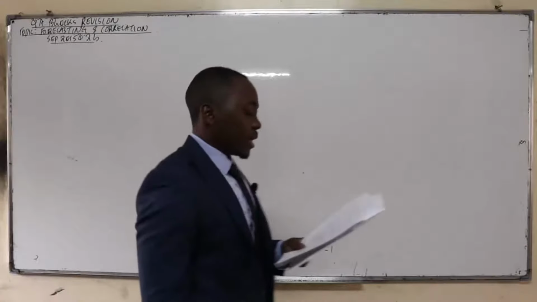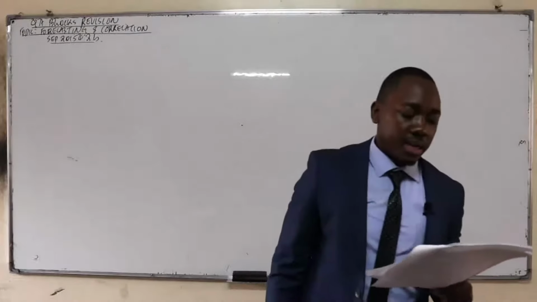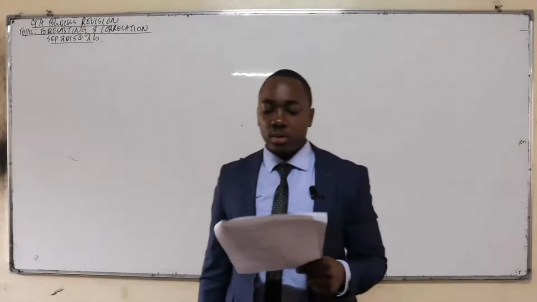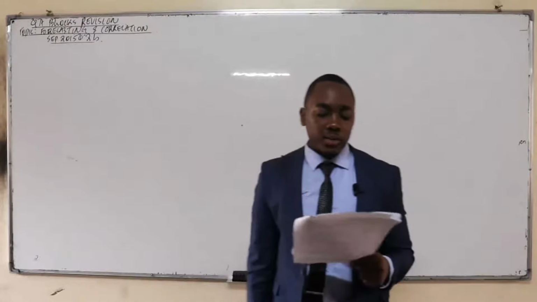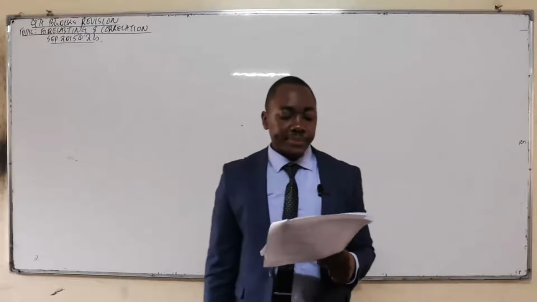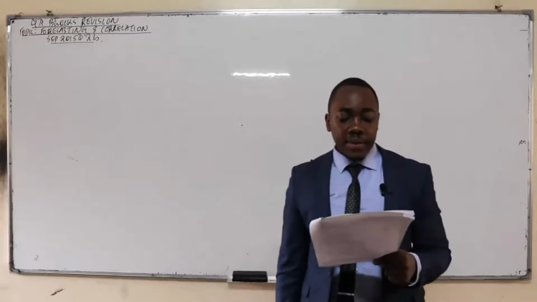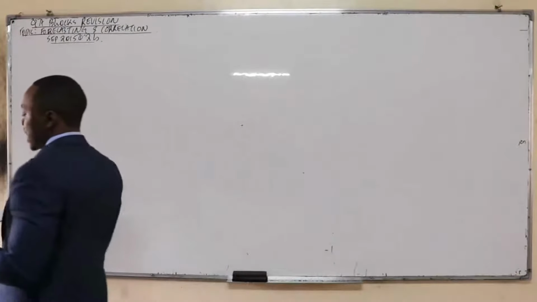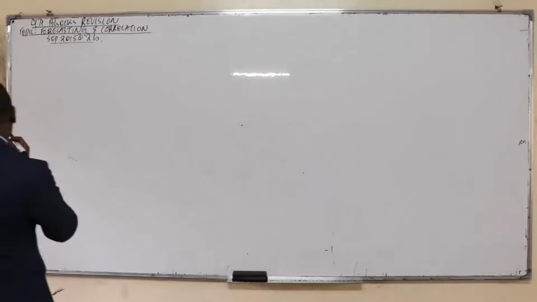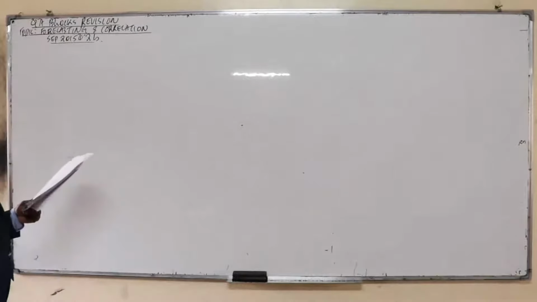The hours worked and earnings of the 10 such marketers are shown below. So we have the 10 marketers, hours worked, then earnings. Required: the least square regression function relating hours worked and earnings, and interpret the results. And then number 2 is the Spearman's rank correlation coefficient.